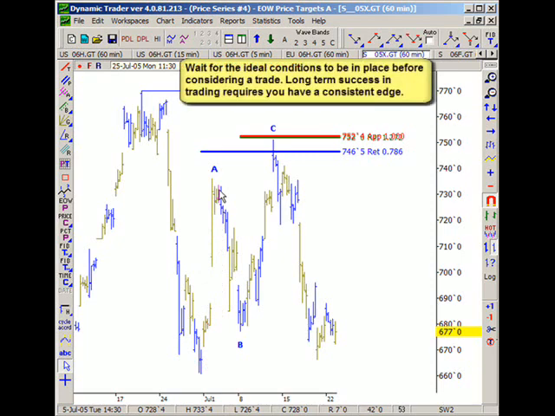Whether it was or not, it simply wasn't the conditions that we would look for the correction to be complete. So we waited and we just viewed the market until the conditions were in place for a high probability end of an ABC correction.